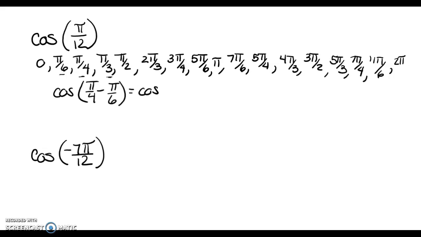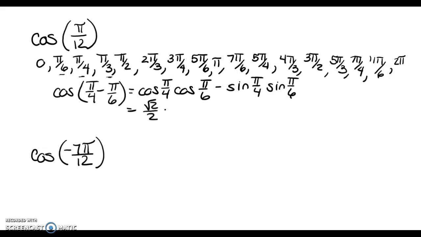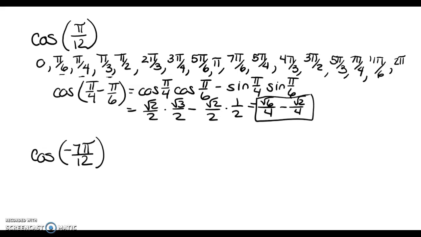That'll be the cosine of pi over 4, cosine of pi over 6, plus sine of pi over 4, sine of pi over 6. That gives me radical 2 over 2 times radical 3 over 2 plus radical 2 over 2 times 1/2. And I feel like I've done this problem before, because we probably have, right above this.